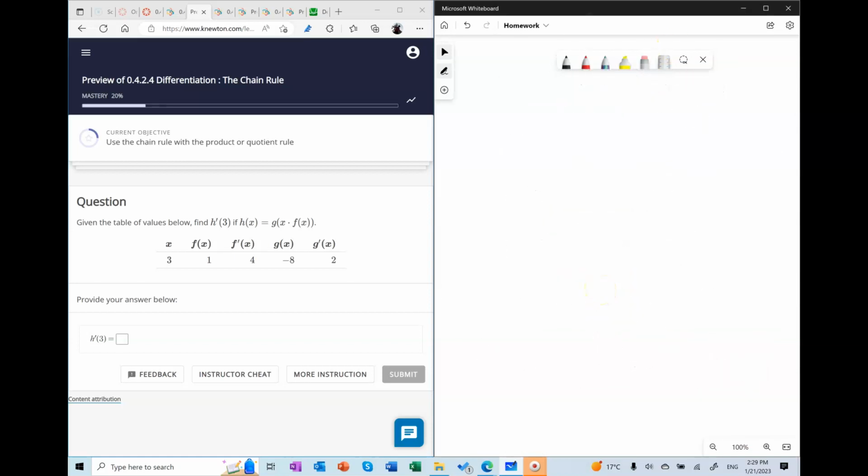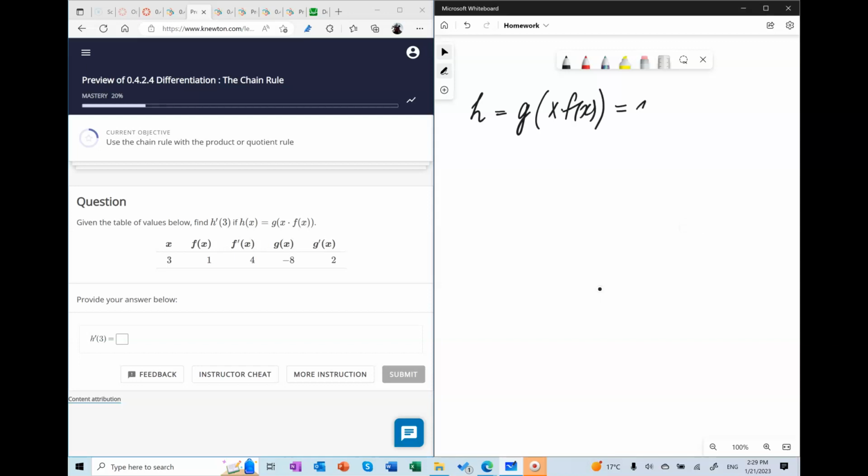For this problem, we just have to stick to the rule, and we have a composition of two functions. Here we have a composition of g, and the inner function is a product.